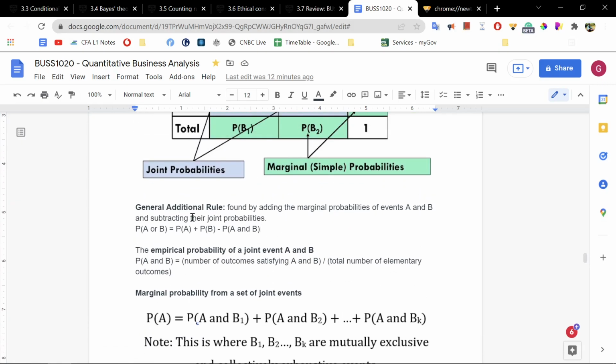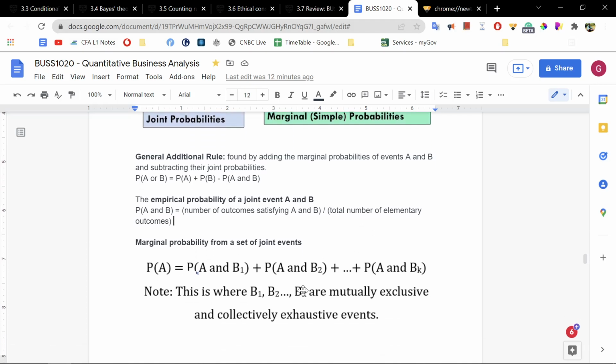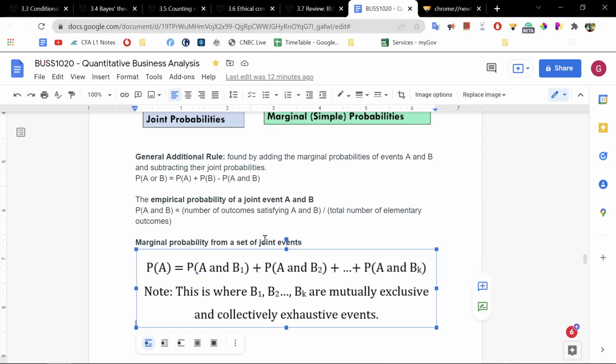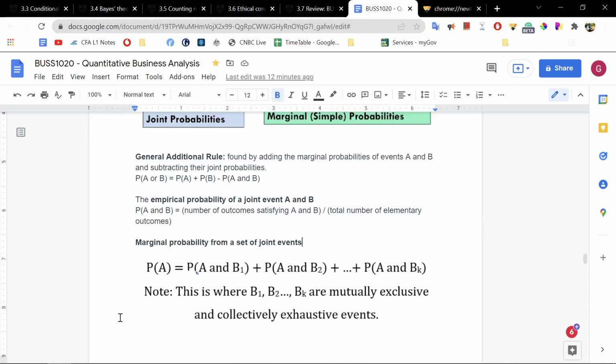This is the general addition rule. We also have the empirical probability of a joint event A and B. The probability of A and B is equal to the number of outcomes satisfying A and B divided by the total number of elementary outcomes. So the marginal probability of a set of joint events is equal to this.